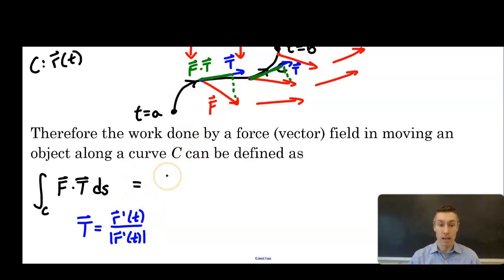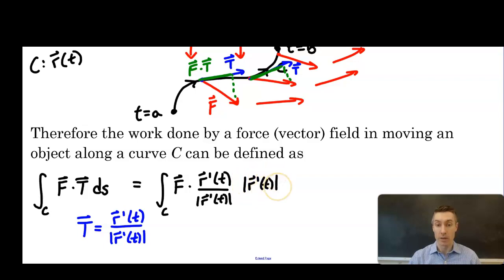So we can say integral along C of F dotted with r prime of t over magnitude of r prime of t. And then if we recall, ds is the magnitude of r prime of t dt, right, which is the arc length computation. So that's our ds.